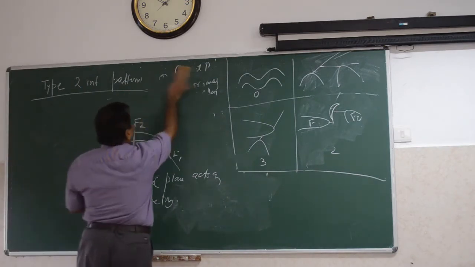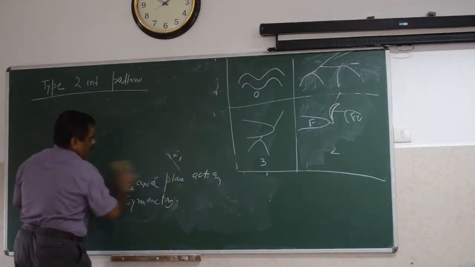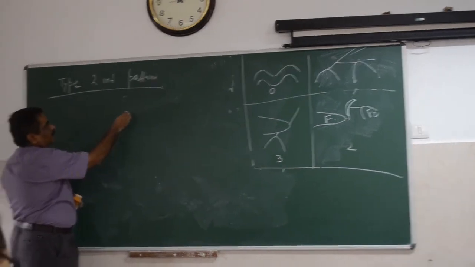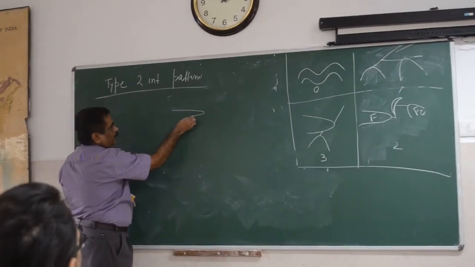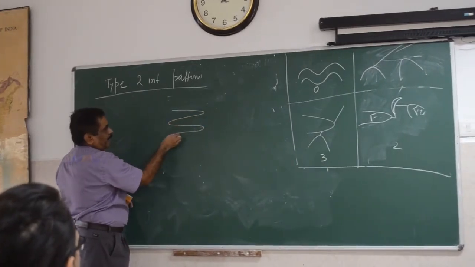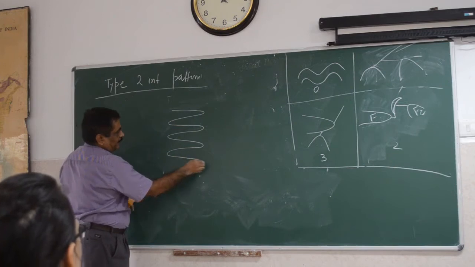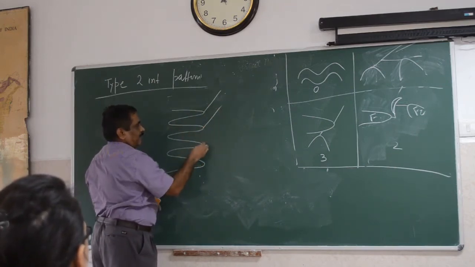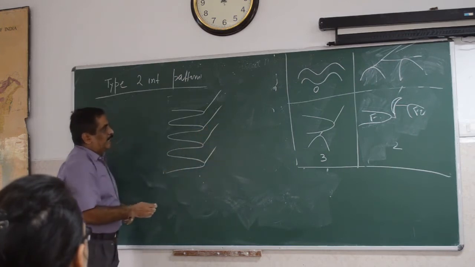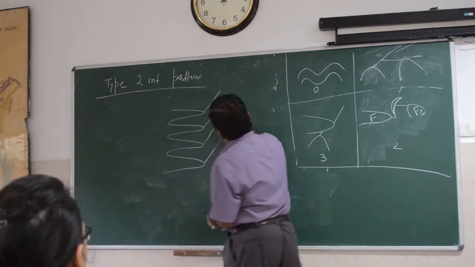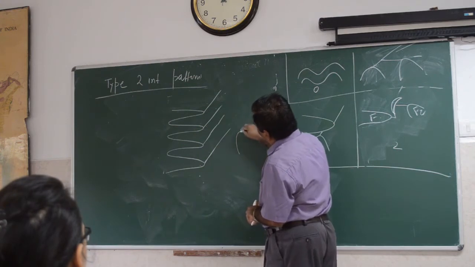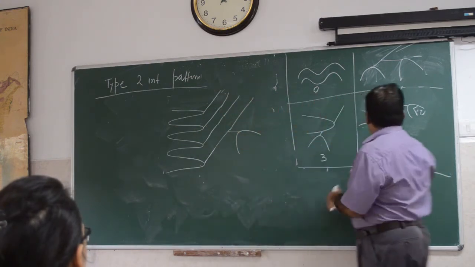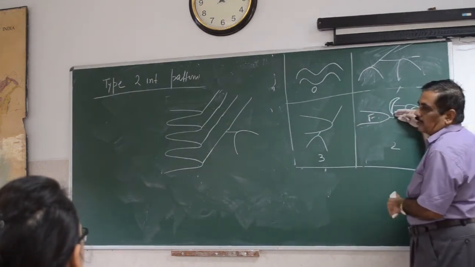I'll remove it, yeah? See, suppose you have a number of F1 folds like this one, and similarly on this side you have a number of F1 folds, and F2 is across it.